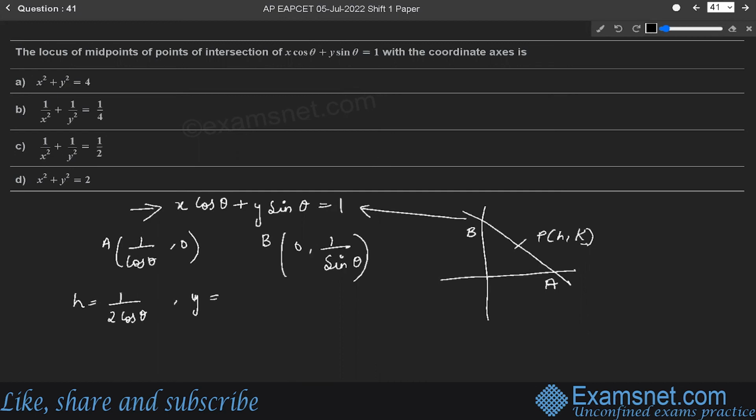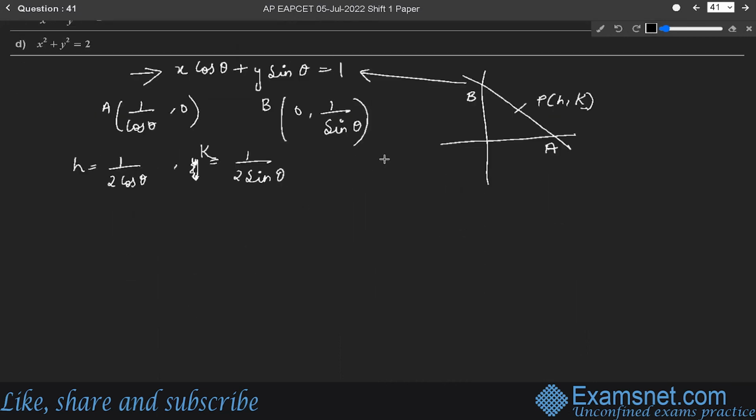So, k will be equal to 1 upon 2 sin theta. On squaring both the sides, we will get h square is equal to 1 upon 4 cos square theta and k square is equal to 1 upon 4 sin square theta.